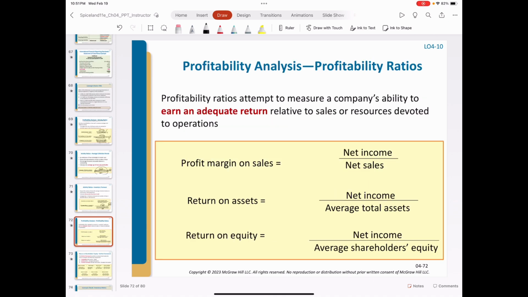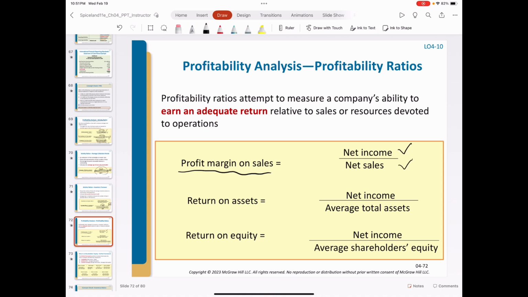If we study profitability analysis, we should also learn about the profit margin ratio. To investigate profitability, we can construct several relevant financial ratios. First is the profit margin on sales. This is a ratio between the profits and the sales.